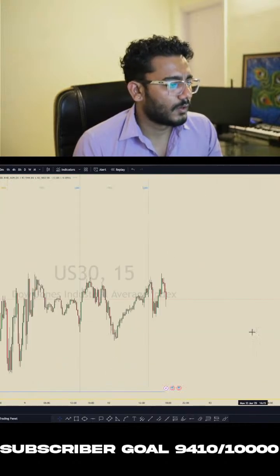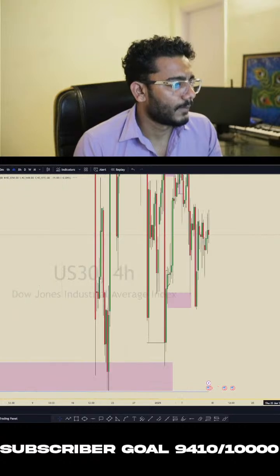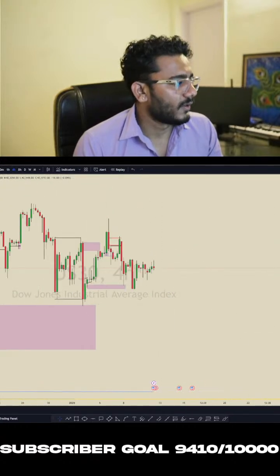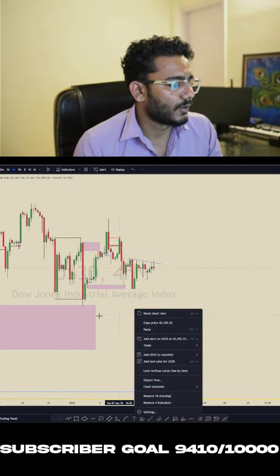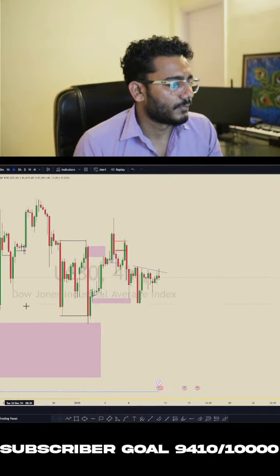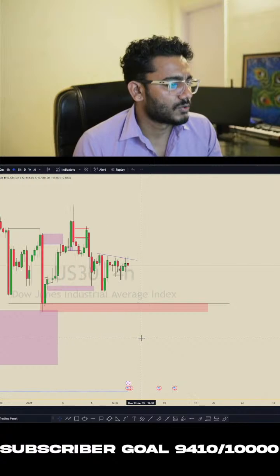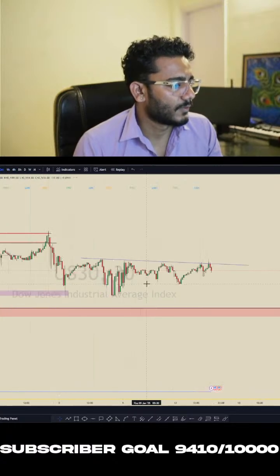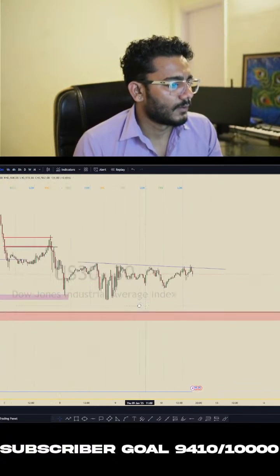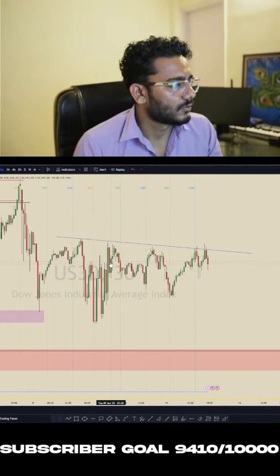Let's look at US30 till then. On 4 hour we can see there is a lot of consolidation happening over here, and on 4 hour there's an order block where we can look for buy side entry. This one. So this is induced. This is sell side liquidity, and there's nothing over here.